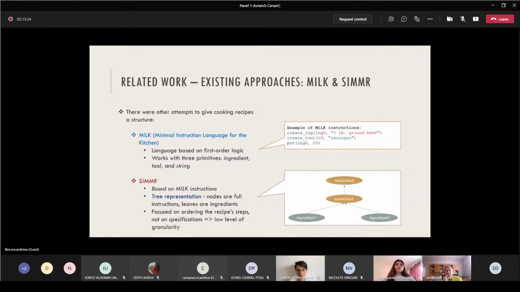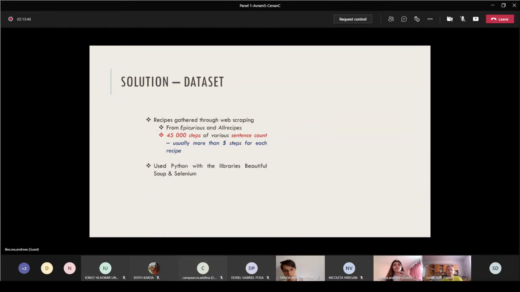Related work: there were existing approaches like MILK and SIMMER, but actually MILK has a very low level of granularity because it uses only 3 primitives, ingredient, tool, and string, where string is everything that is not the other 2, and it doesn't give enough details. And this is where I come in, because I want more details.